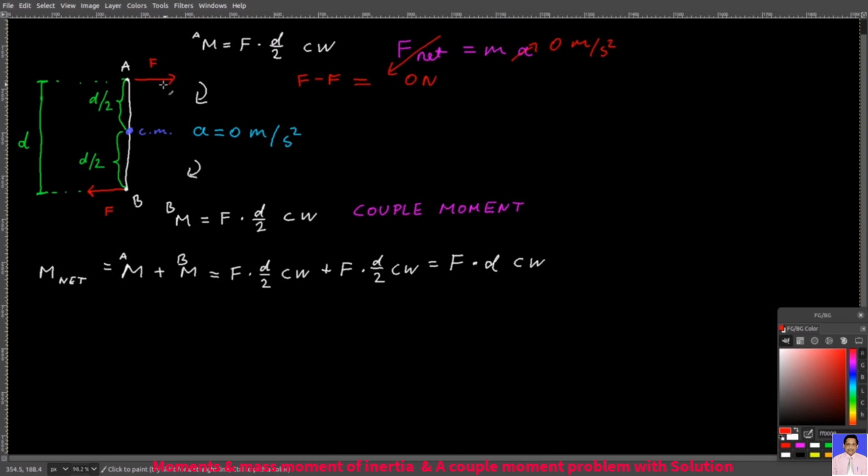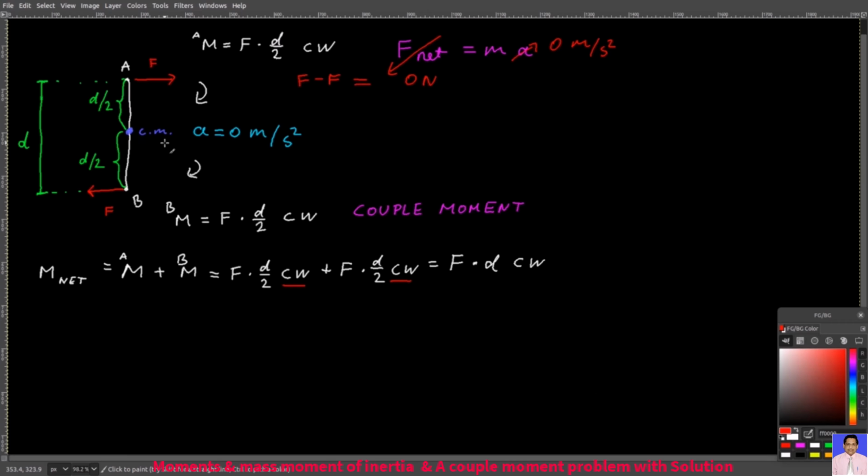But because both forces are positioned at equal but opposite distances from the CM, and they themselves point in opposite directions, they will both create the same moments in the same direction. So in this case, both will be clockwise, and thus the object will only accelerate angularly. It will only rotate about the center of mass faster and faster, clockwise, while the center of mass stays in one position.